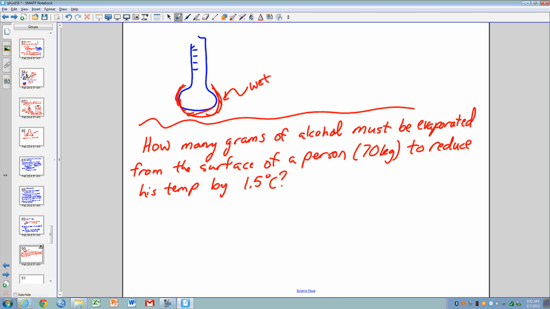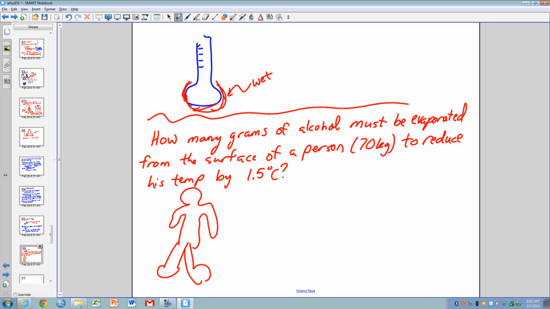All right. So what we need to do here is I have this person, and we need to take energy away from that person. We need to take a certain amount of energy out of that person enough to make it drop by 1.5 degrees Celsius.